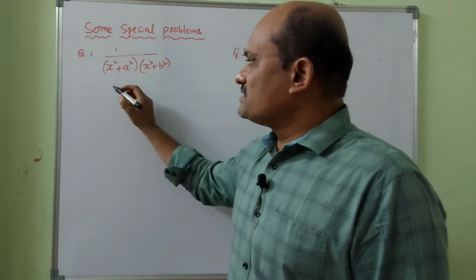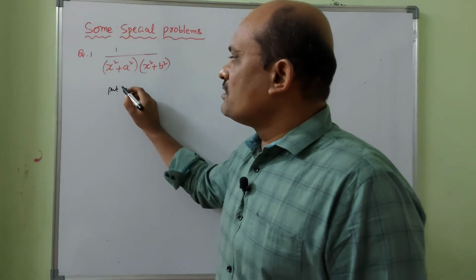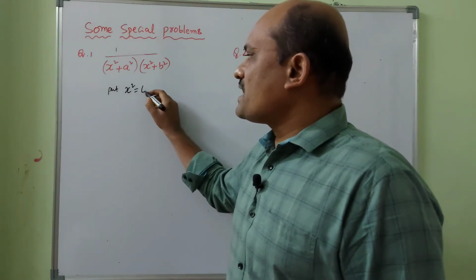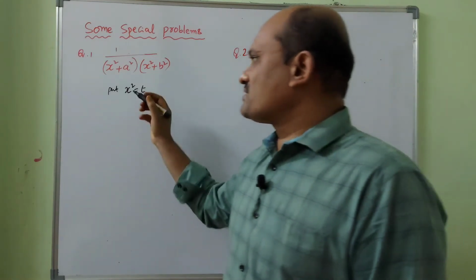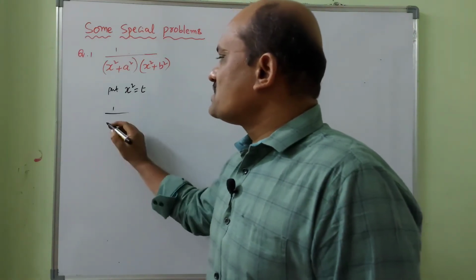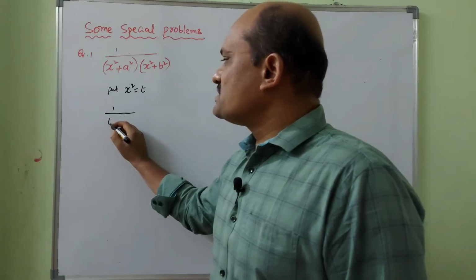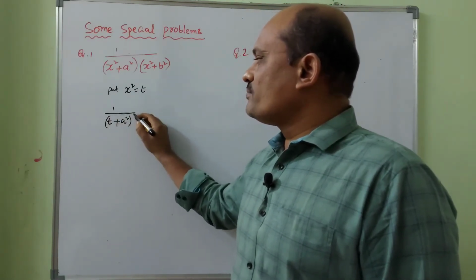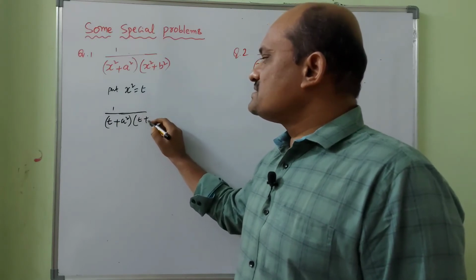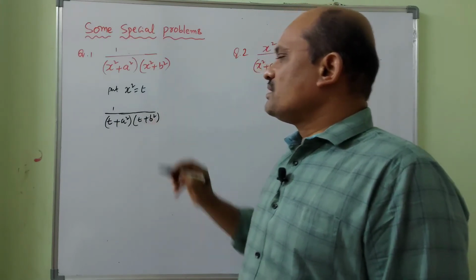When problems are like this, the best method is to assume x square as t and convert it into first degree factors. So now the fraction becomes 1 by t plus a square into t plus b square.